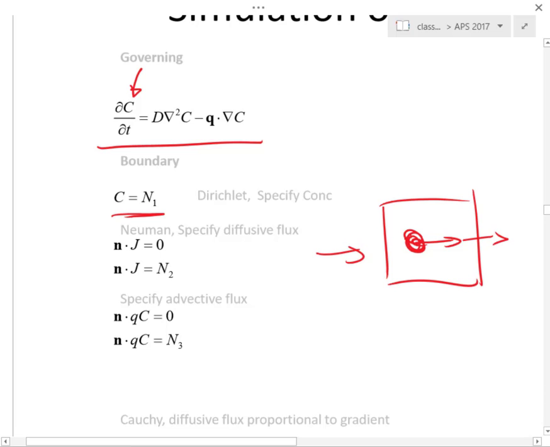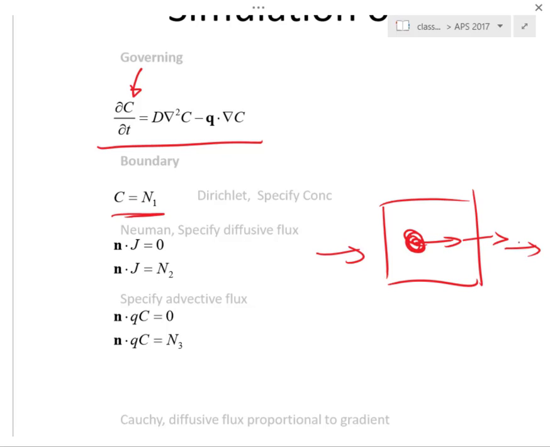If we have an overall flow like that, then we have to just have the mass go out of the region as it would go. We don't want to impose something about what the mass flux is or what the concentration is. So we can't really use a specified flux boundary or a specified concentration boundary.